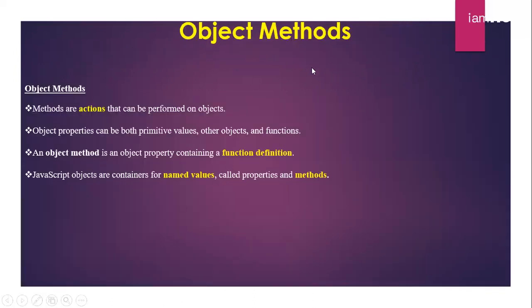Next, object methods. Methods are actions that can be performed on objects. Object properties can be primitive values or user defined. An object method is an object property containing a function definition. JavaScript objects are containers for named values called properties and methods.